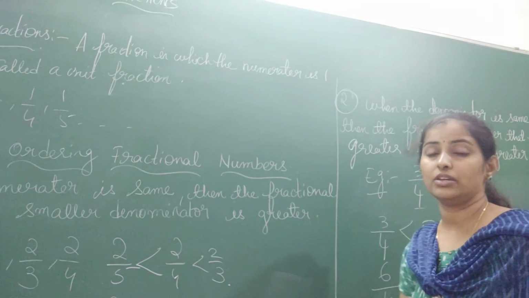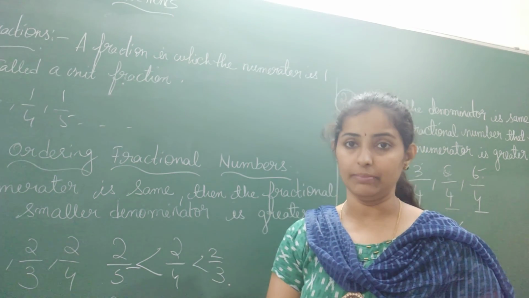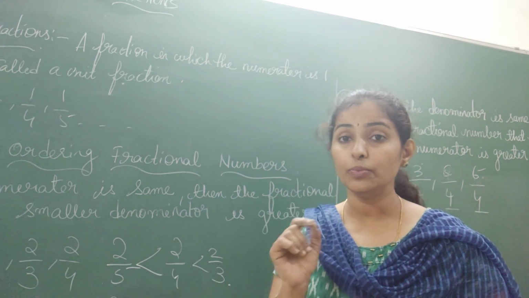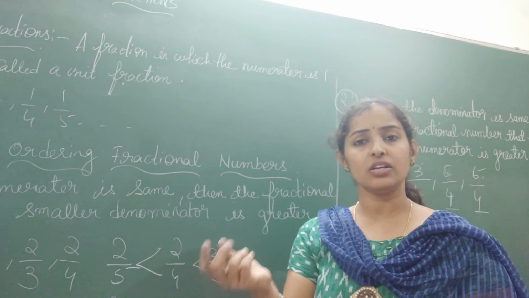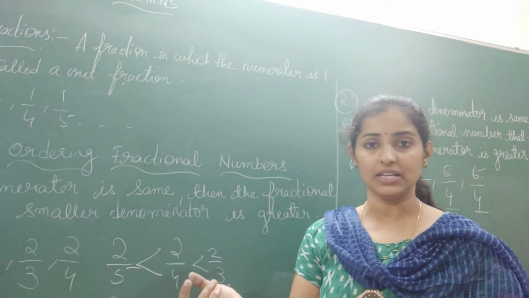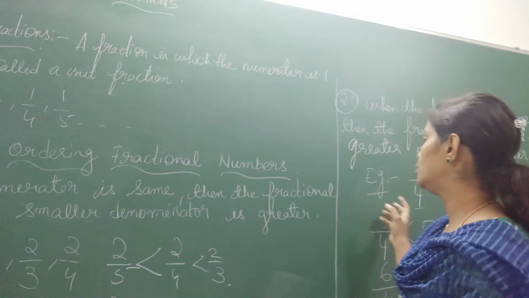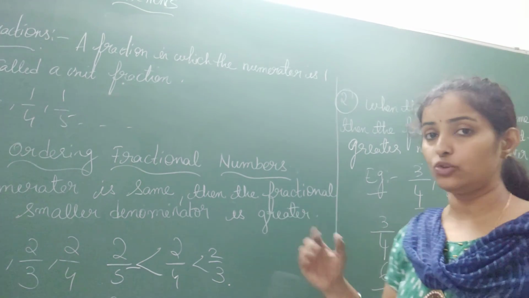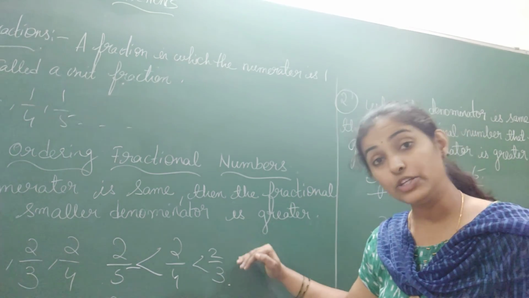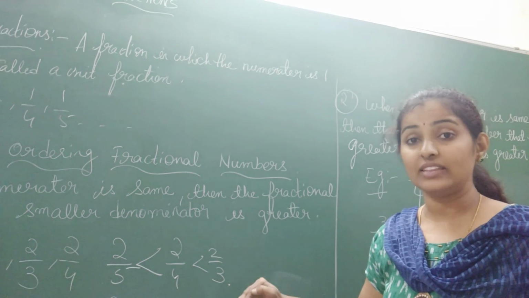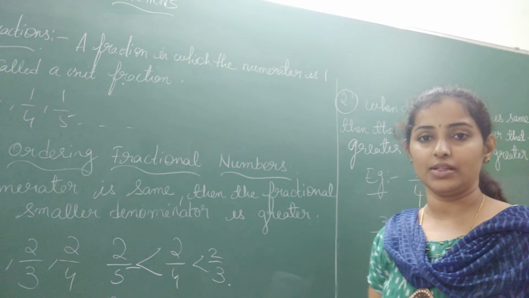If the denominators are the same, you need to compare the numerators: the bigger numerator is the bigger number and the smaller numerator is the smaller number, right? So when the numerator is the same, the fraction with the smaller denominator will be the greater number, isn't it? Yes.